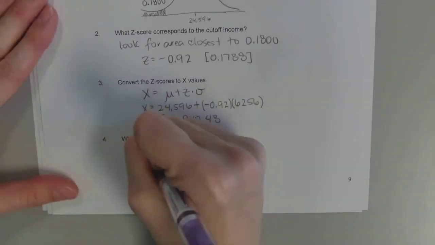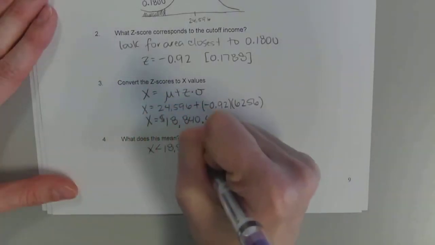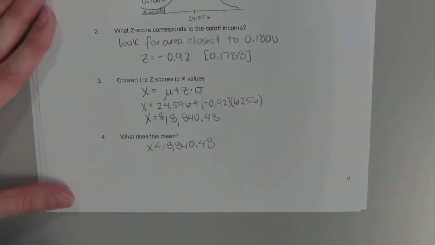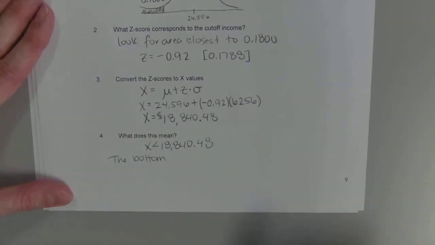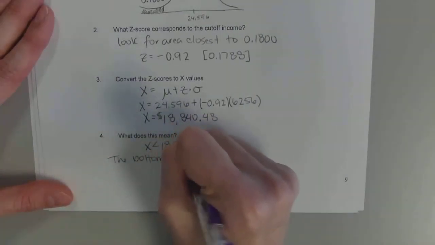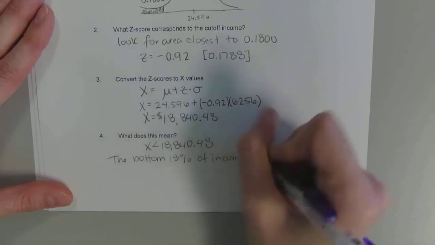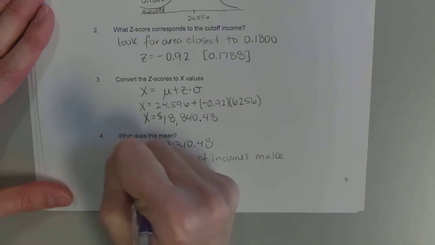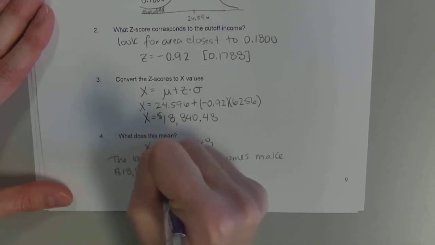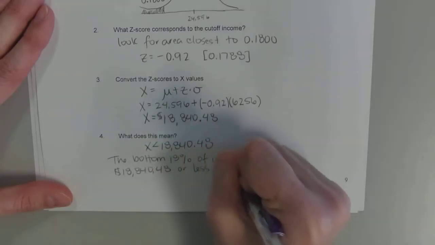So x is less than $18,840.48. The bottom 18% of incomes make $18,840.48 or less. That is the cutoff.